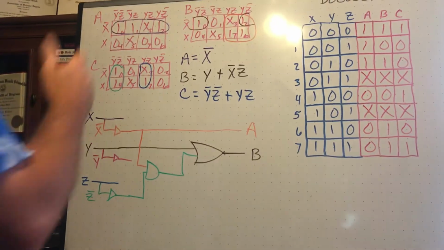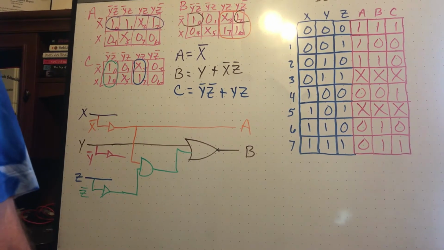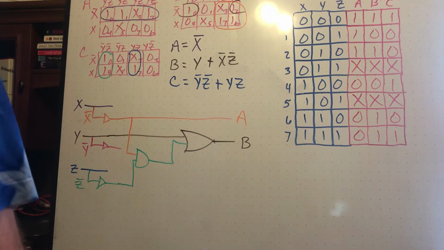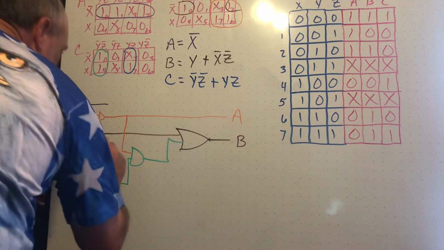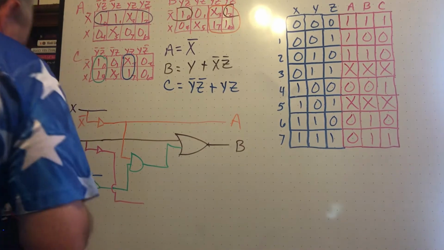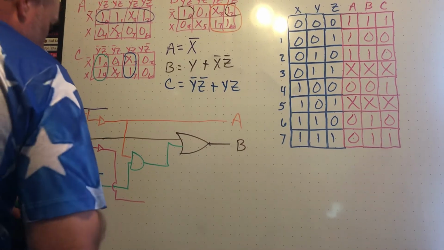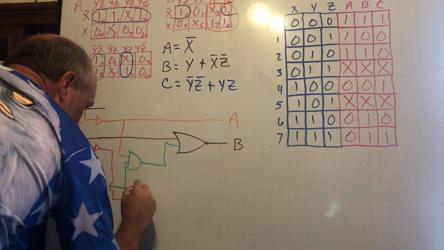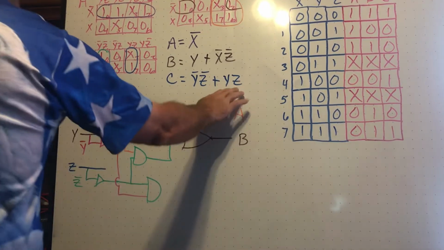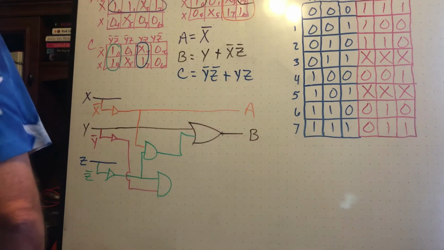Okay. Now I got to get my C. Well, I got Y naught and Z naught ANDed together. So I'm going to bring Y naught down, bring it over here, and then I can just bring my Z naught from here over, and I'm going to AND them together. And then I'm going to AND Y and Z together.